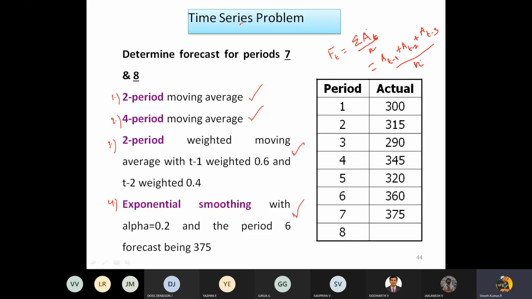Capital A suffix t is the demand for this time period, the most recent demand. So what is t minus 1?